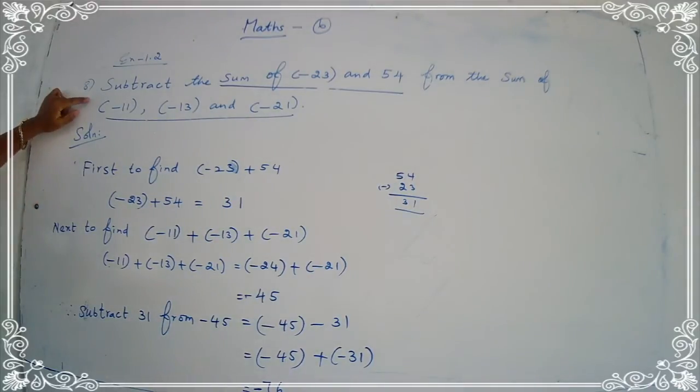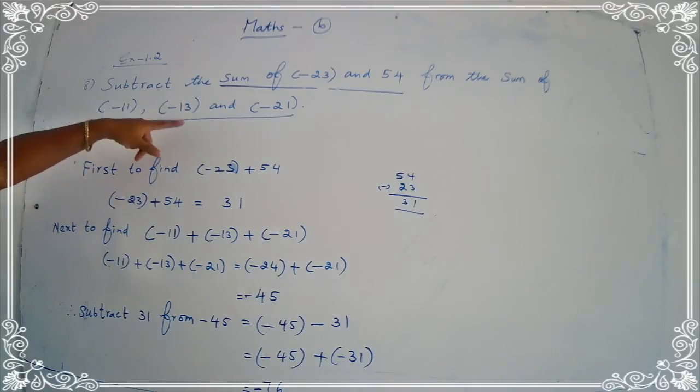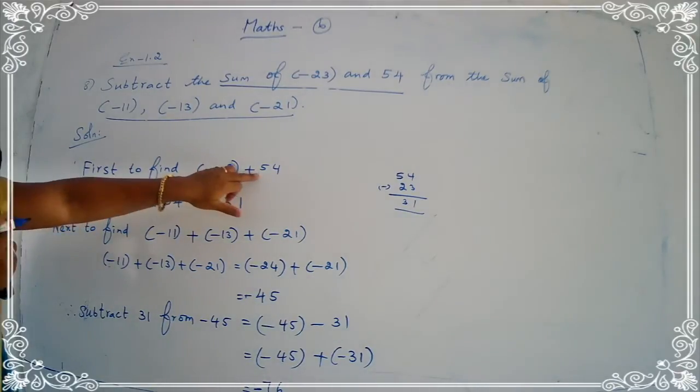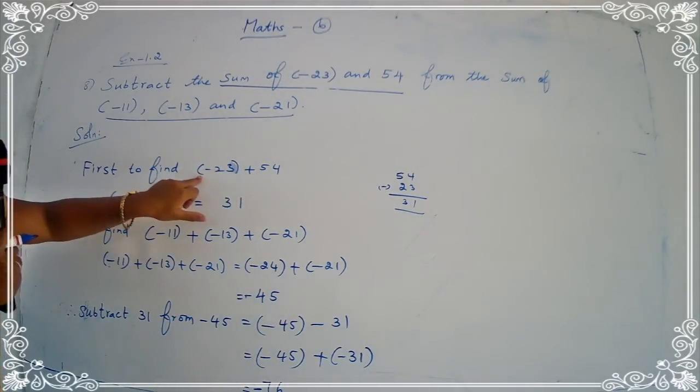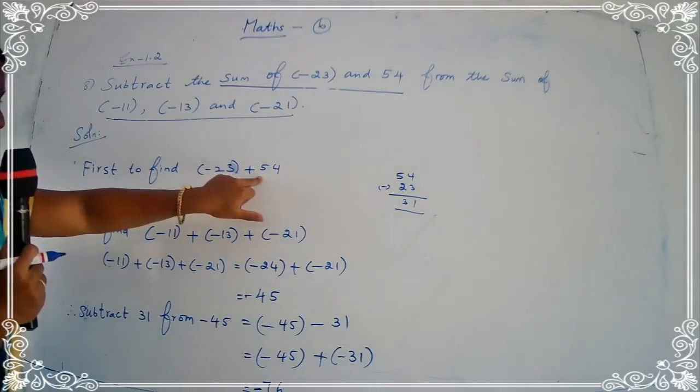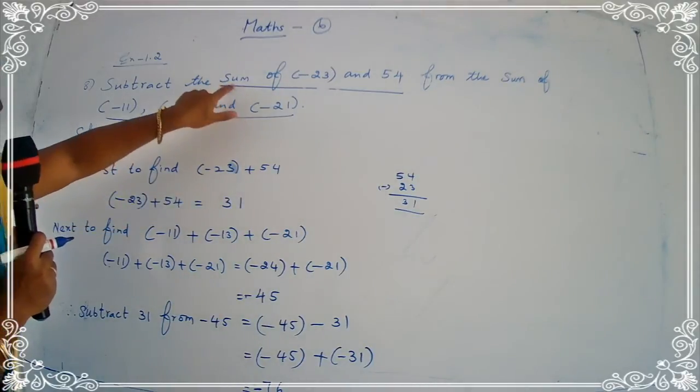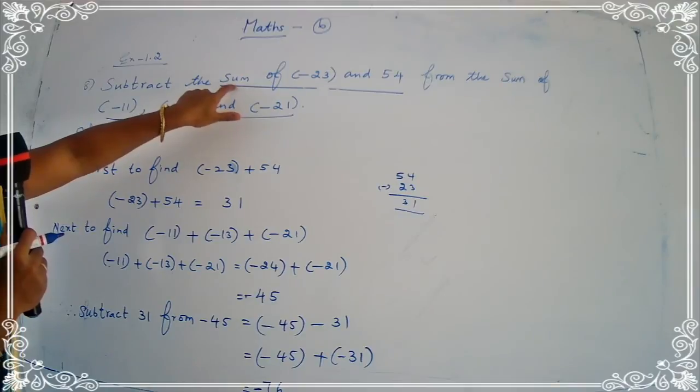One more time. The question is: subtract the sum of minus 23 and 54 from the sum of minus 11, minus 13 and minus 21. So first find minus 23 plus 54. Why do you find minus 23 plus 54? Here it is asked sum.